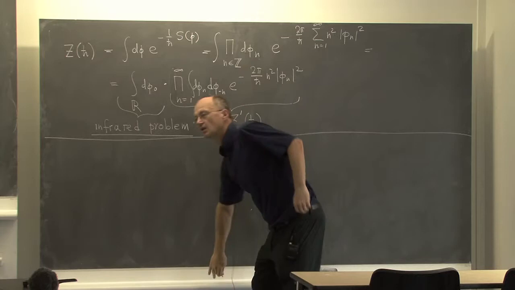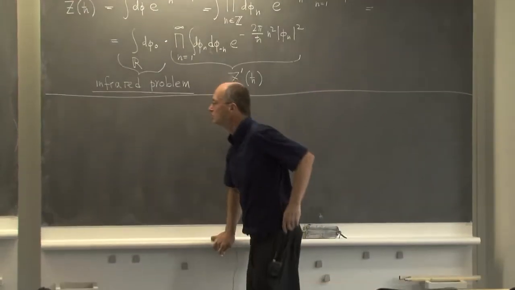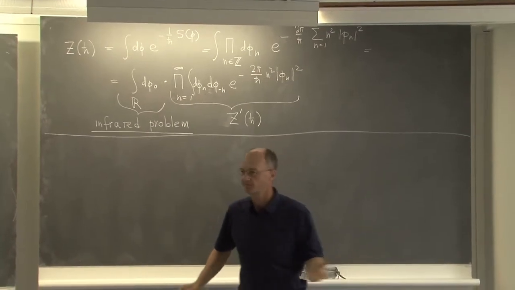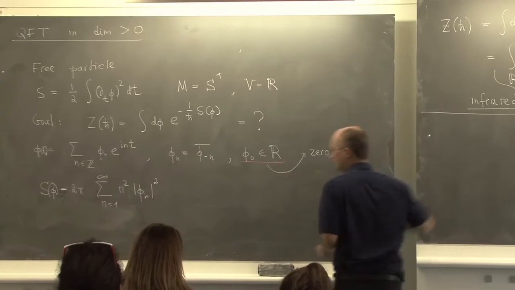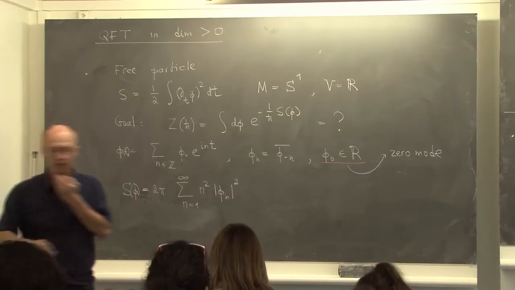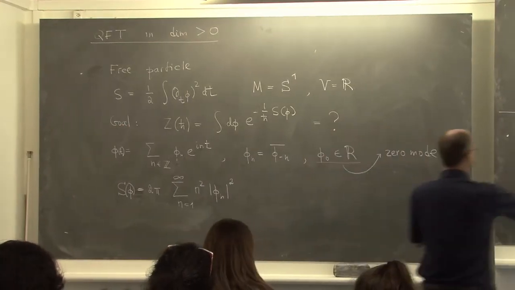All right. So let's look, but then what's the strategy? Let's look at the next problem. Okay? So the next example would be, again, a free particle, but now let's put it on a circle.